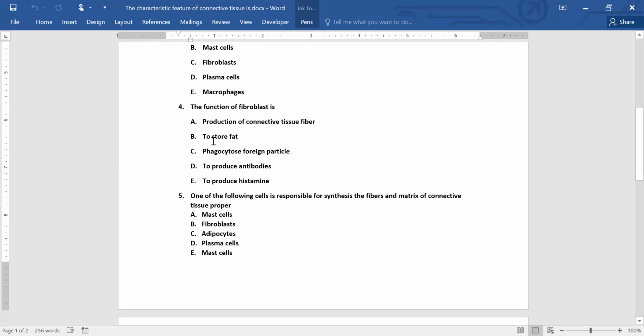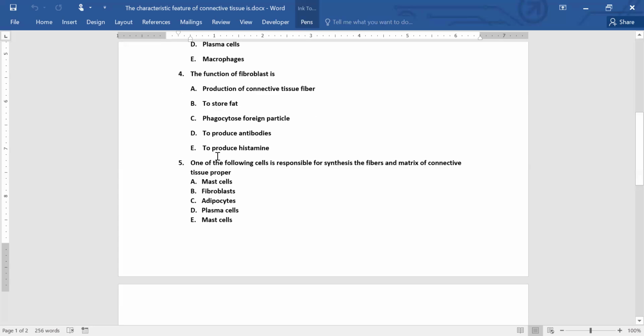The fat storing cells are the adipose cells. Phagocytosing foreign particles is done by macrophages, producing antibodies by plasma cells, and producing histamine by the mast cell. So the correct answer is that the function of the fibroblast is the production of the connective tissue fibers.